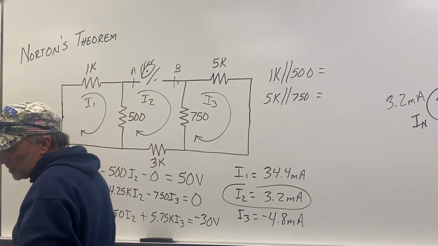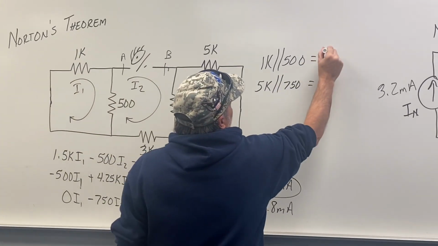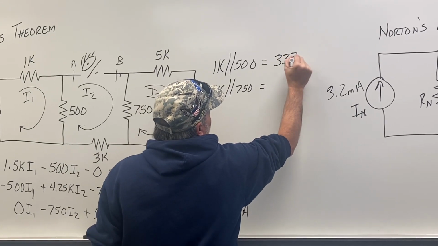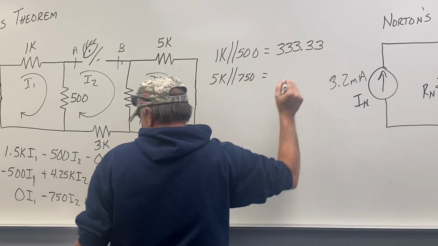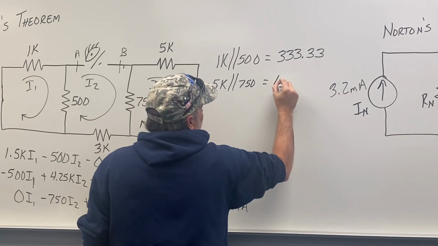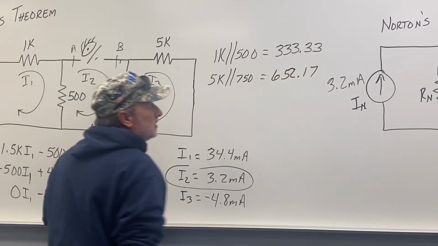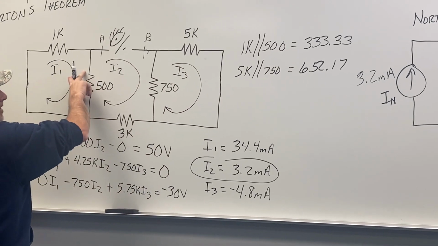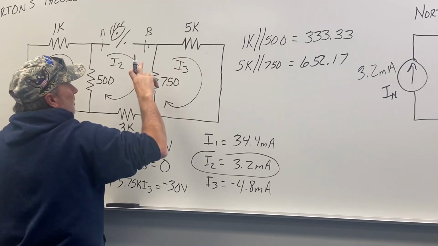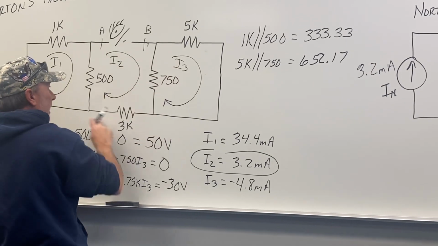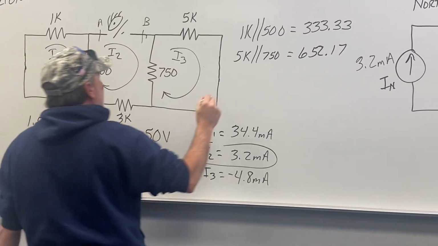If I do those calculations, this one comes out to 333.33, and this one comes out to 652.17. Well, that 333 is going to be here, and the 652 is going to be here. Now these three are in series with each other.